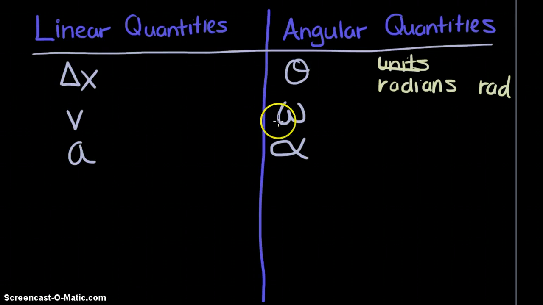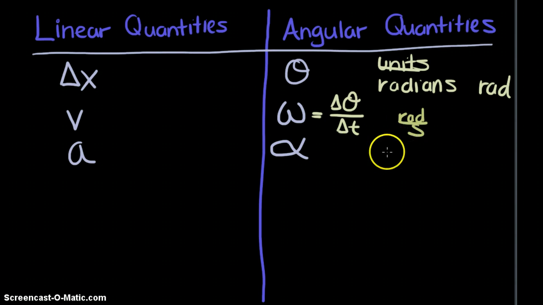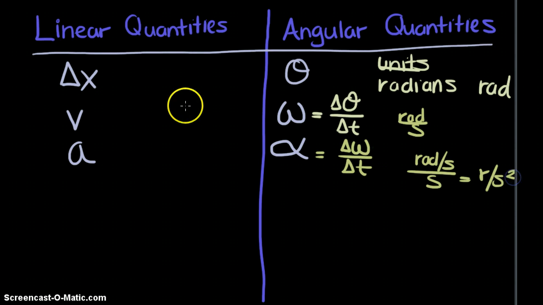For the angular velocity, if the angular velocity is equal to change in theta divided by change in time, then the units you'd get here are going to be probably what you think, radians per second. And then the units for the angular acceleration, well, if angular acceleration is equal to the change in the angular velocity over time, then this is going to be radians per second all over seconds, or radians per second squared.